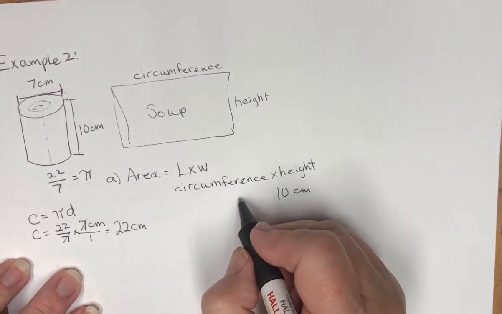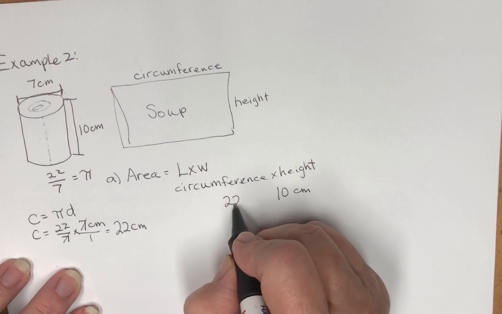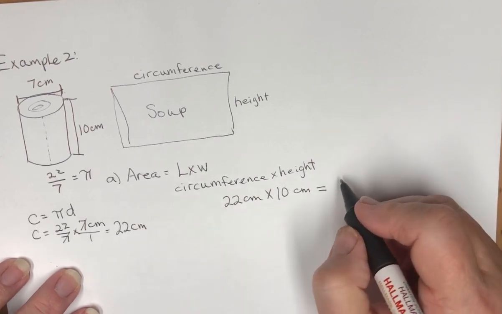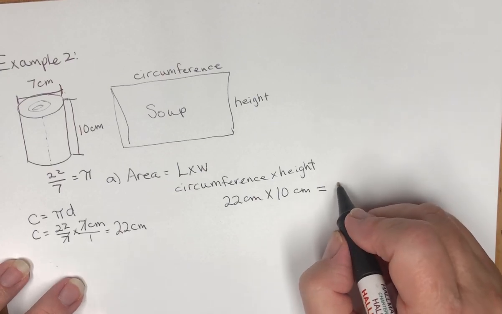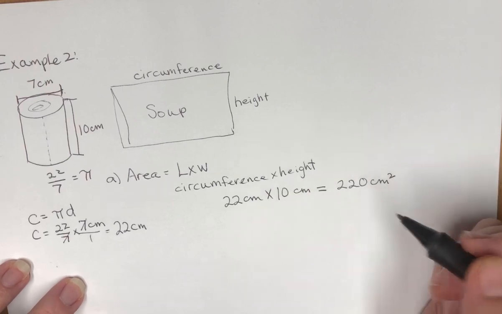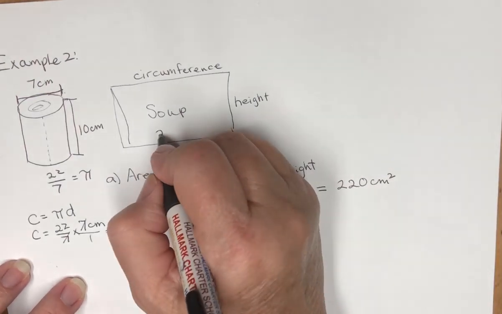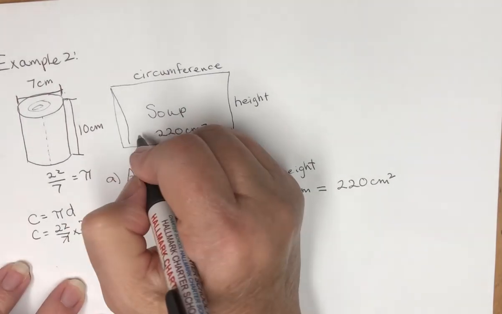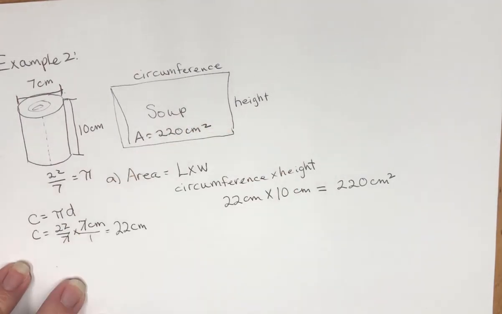So that's what's going to come over here for the circumference. 22 centimeters times 10 centimeters. We multiply 22 times 10, and we're going to get 220 centimeters squared. That's the area of the label, 220 centimeters squared.